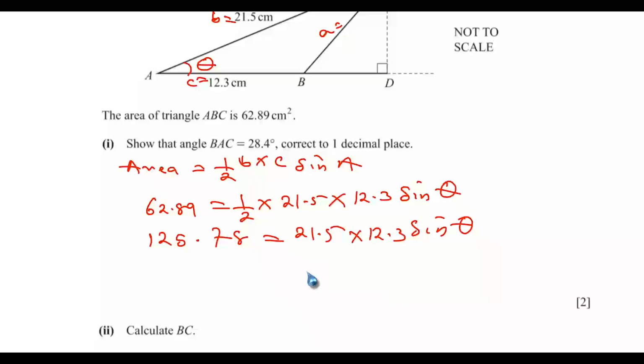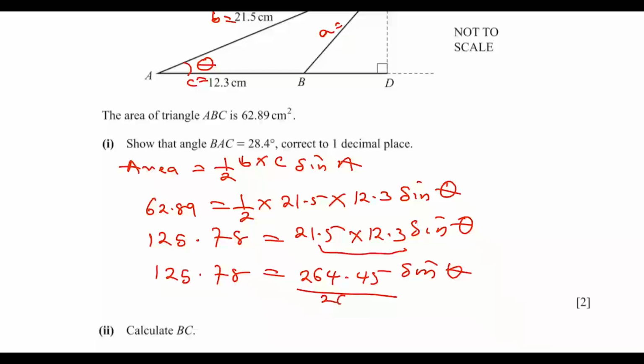Also, you can do the product of this. So that will give you 125.78 equal to the product of these two, which will be 264.45 sine theta. Then you can now divide both sides by 264.45.